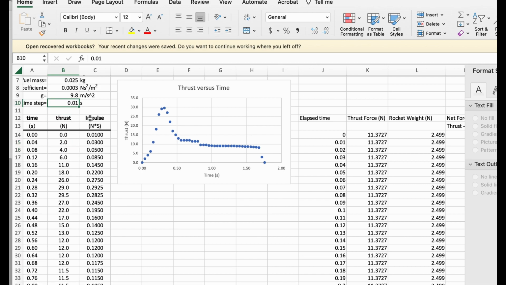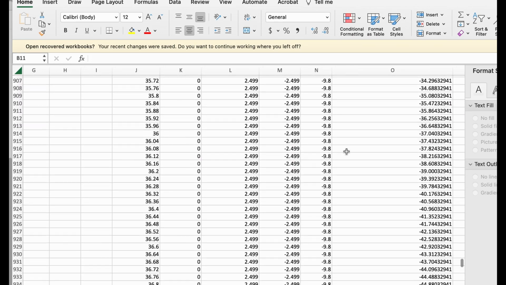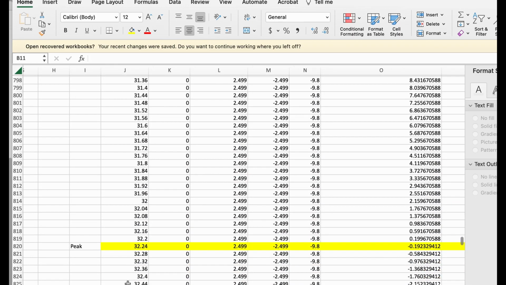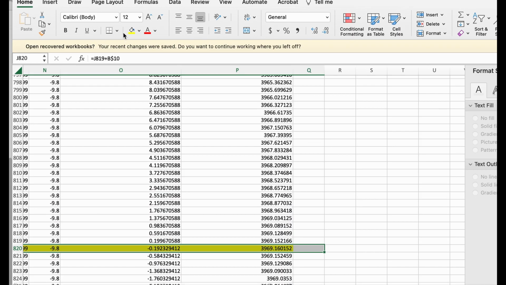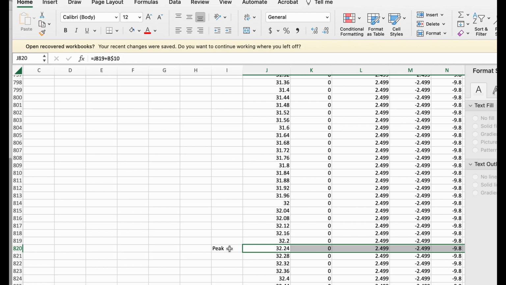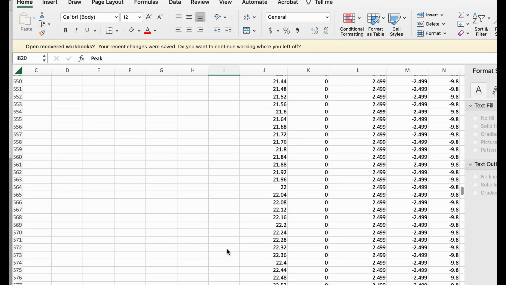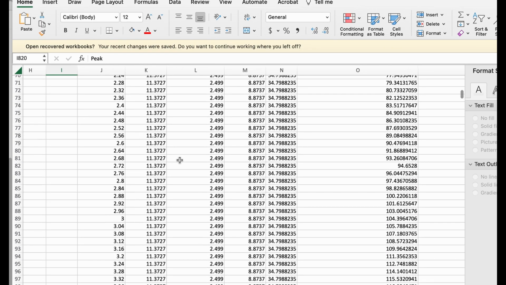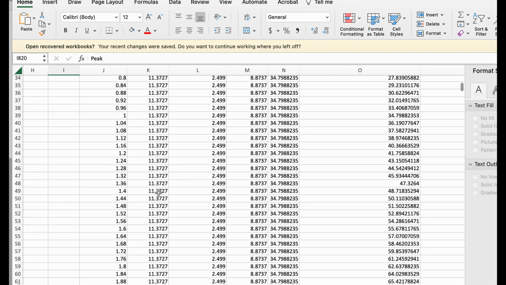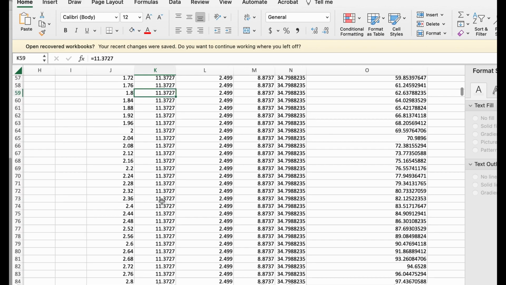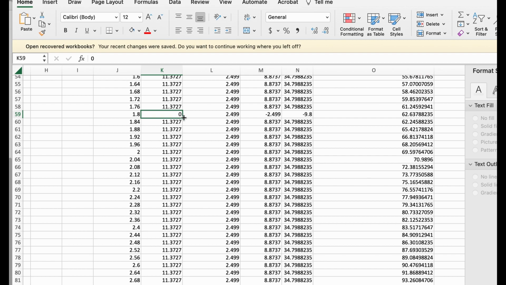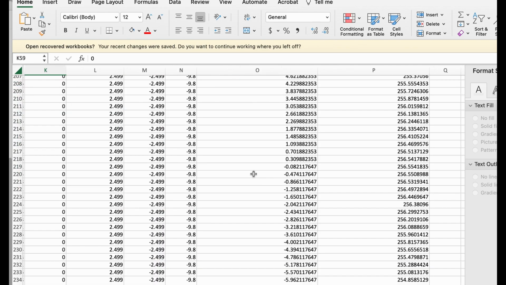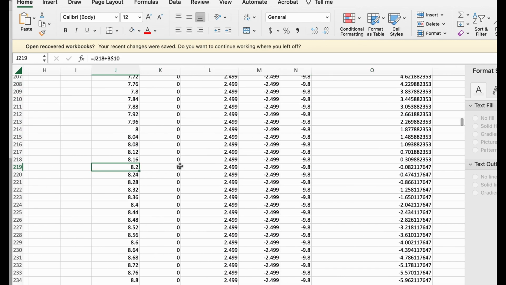So I'm just going to switch back real quick. But we get the theory that the smaller the time step is, the better. All right, let's get rid of this. Move our peak back. Yeah, we got to drop off the force after 1.76 seconds. Our peak is back here again.